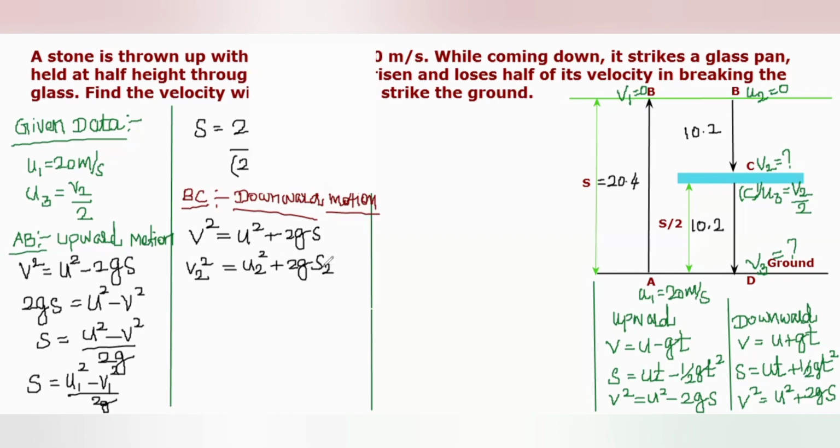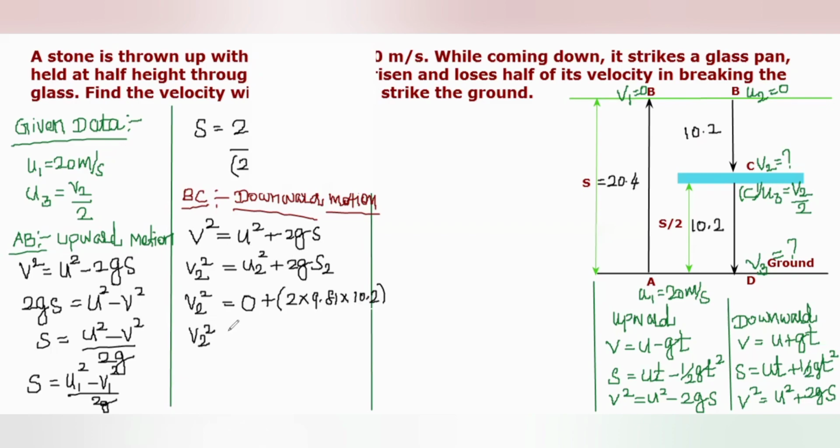The S2 is also 10.2. So V2 square equals U2, that value is 0 because it is a free fall, plus 2 multiplied by 9.81 multiplied by S2. That is the half distance of the previous value, so that will be 10.2.